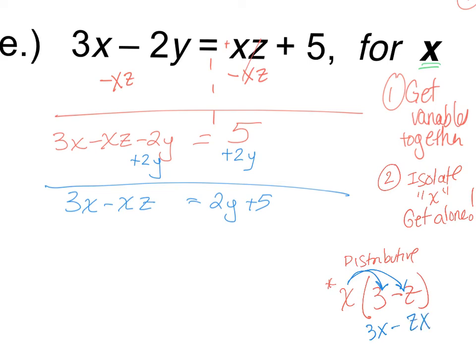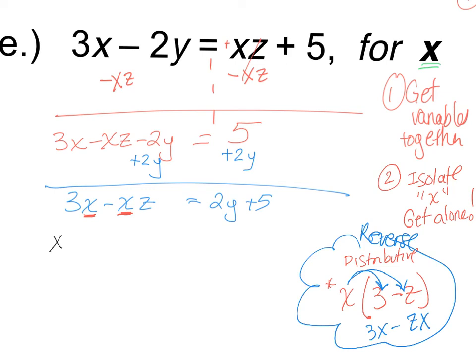So now you're working backwards. You're trying to take out the x from both of these, hopefully remembering that it is basically reverse distribution. So when you take that x and divide it out, the 3 minus the z is left. And you could check your work, because if you redistribute it, you would get 3x and xz, which is this, 3x and xz.